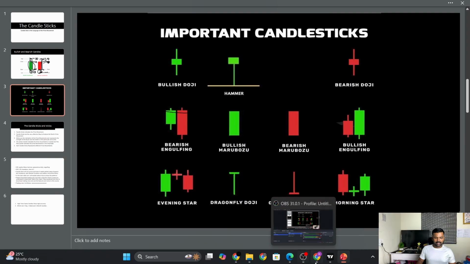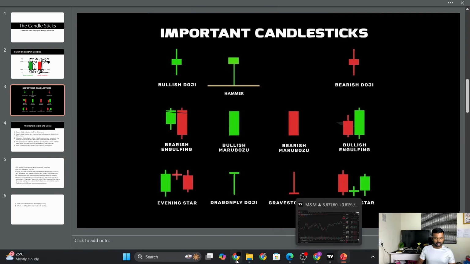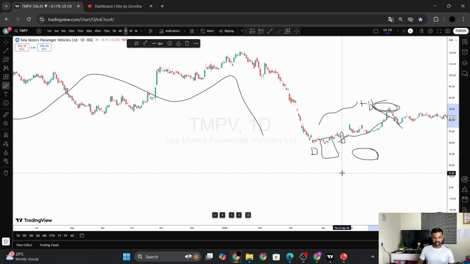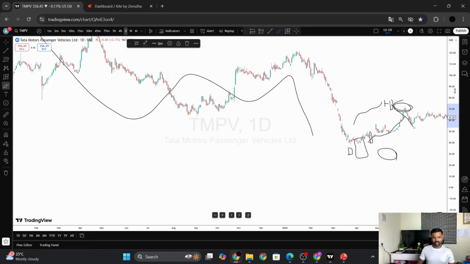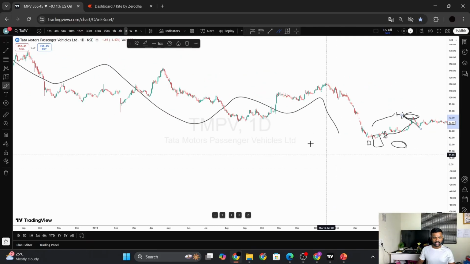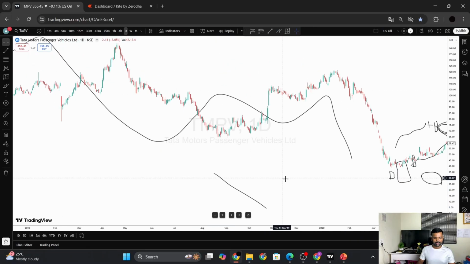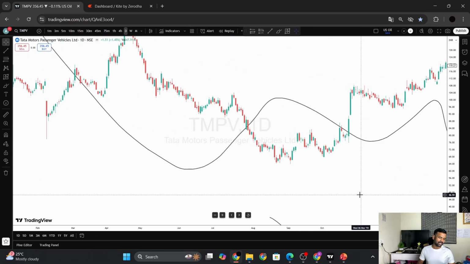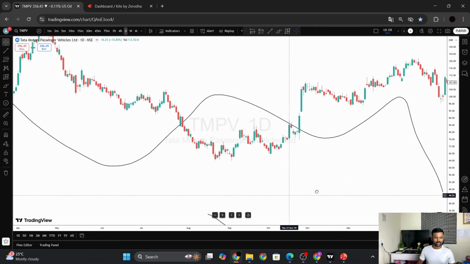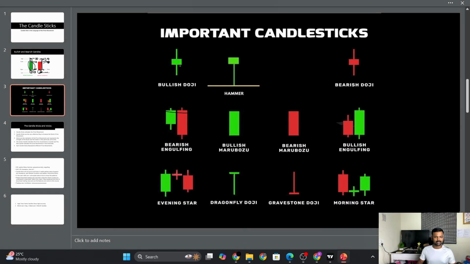What I will tell you is, open your account, open TradingView, go through the stocks and try to match the candles which I showed here. Just try to read them. It will take at least one day, guys, to understand the candlesticks, what is a bullish doji, what is a hammer.